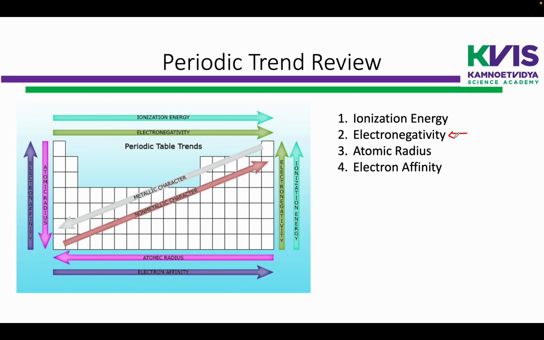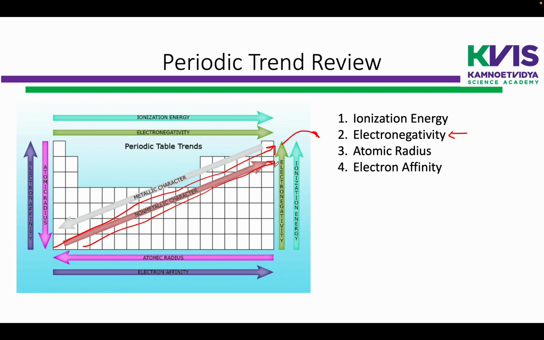The electronegativity increases from left to right, bottom to top across the periodic table. So in this manner, it'll go up along the diagonal of the periodic table. In the same way, the ionization energy will also go up left to right, bottom to top across the diagonal of the periodic table.